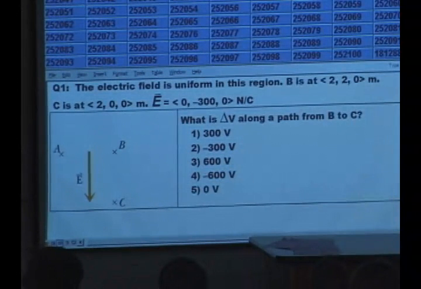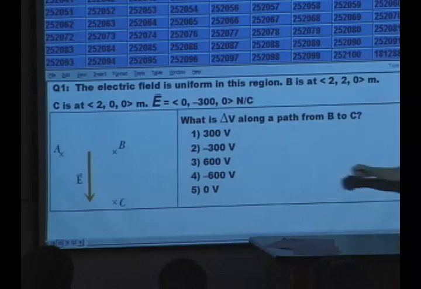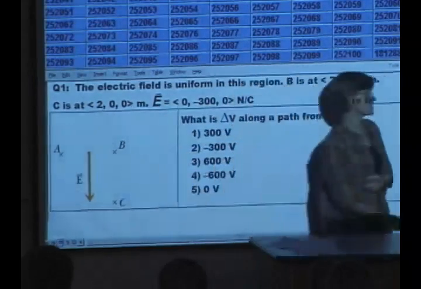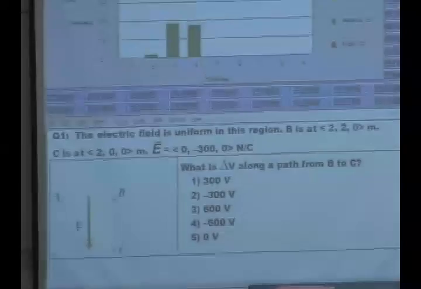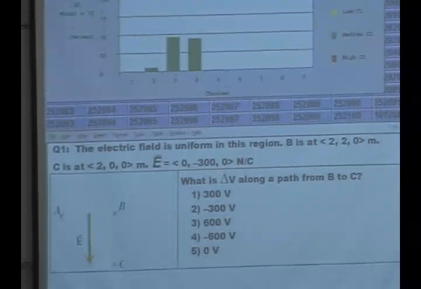So what you need to do is find the potential difference, delta V, along a path going from B to C. Well, it's either plus or minus 600 volts, and we're almost evenly divided, so let's work it out.